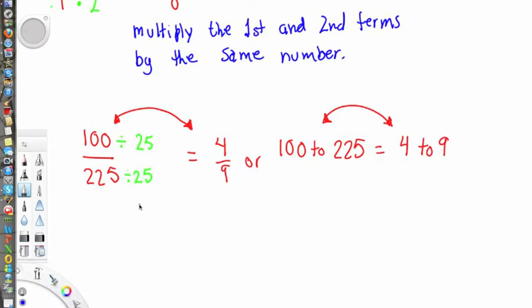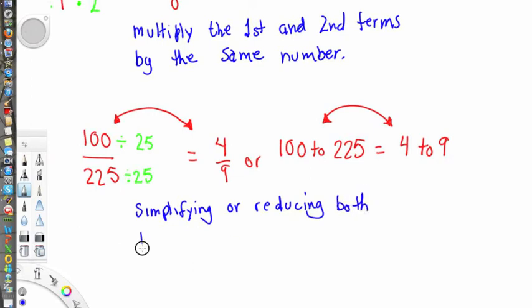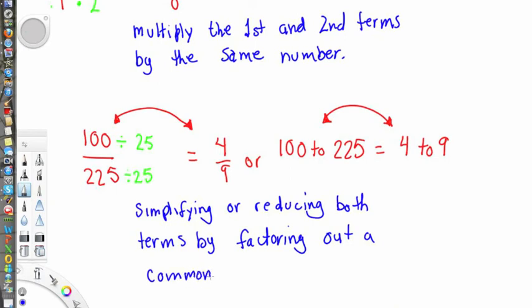We can make equivalent fractions by simplifying or reducing both terms by factoring out a common factor. The same way you would reduce or simplify a fraction.